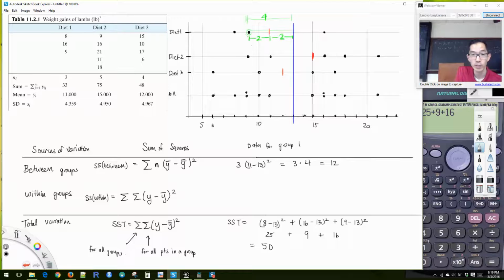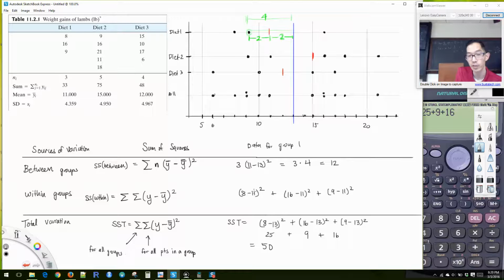And then within the group, we're going to look at our 3 data points. The group mean is 11, so we're going to say 8 minus 11 squared plus 16 minus 11 squared plus 9 minus 11 squared. This is basically the individual differences from their own group's average.